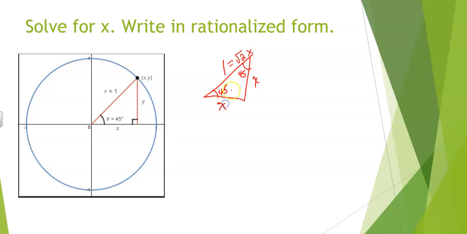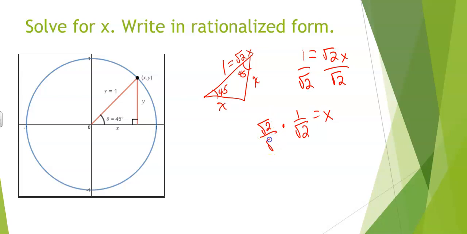We've already determined that to be true. So if 1 in a unit circle is the square root of 2 times x, divide both sides by square root of 2, and you get x equal to 1 over the square root of 2. And for very odd reasons, we still do it occasionally, we don't want the denominator to have a radical in it.